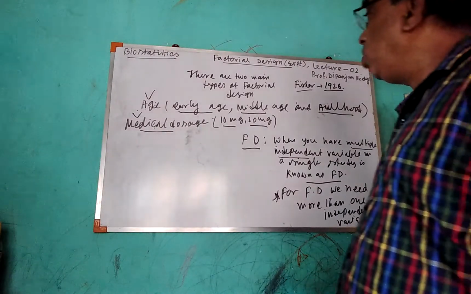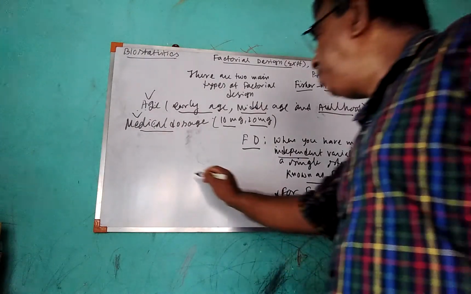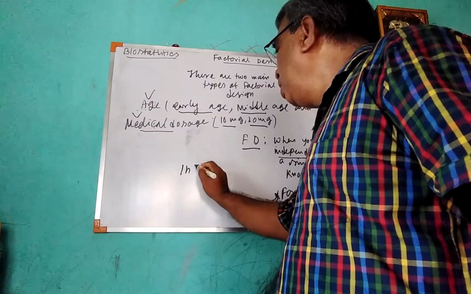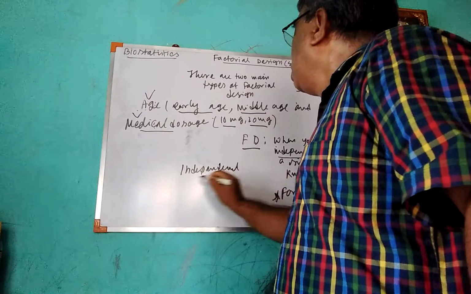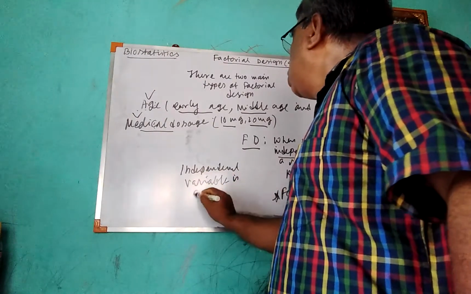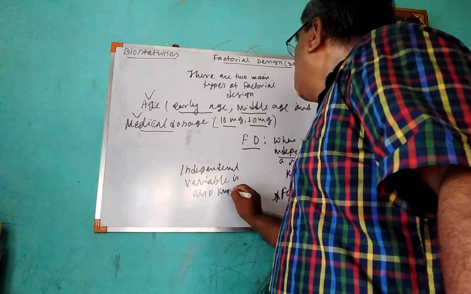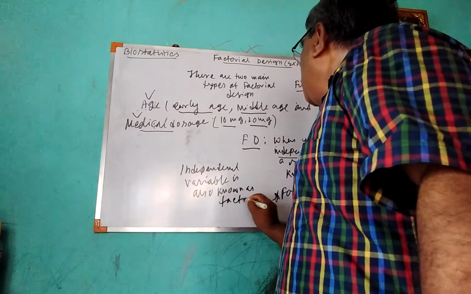Dependent variable is also known as level. Independent variable is also known as factor. Very important, factor.